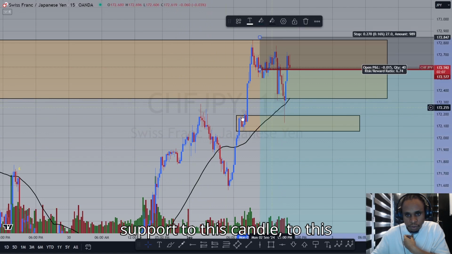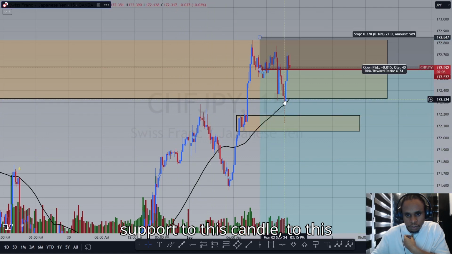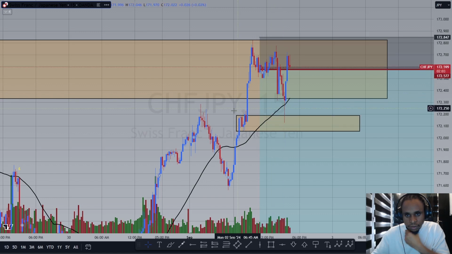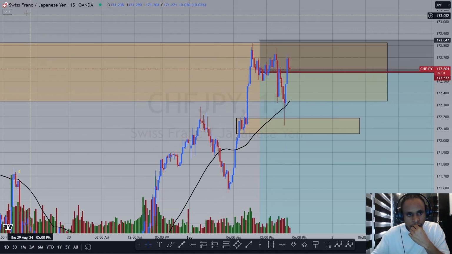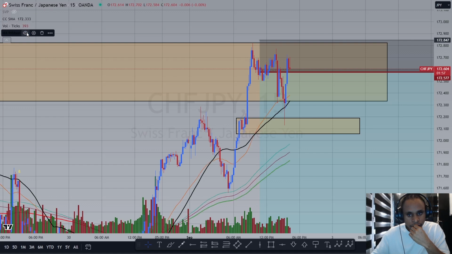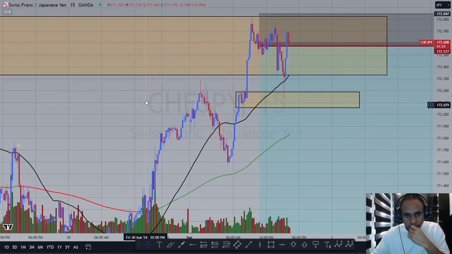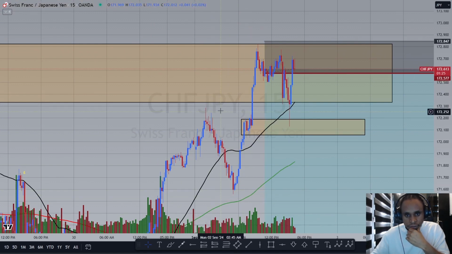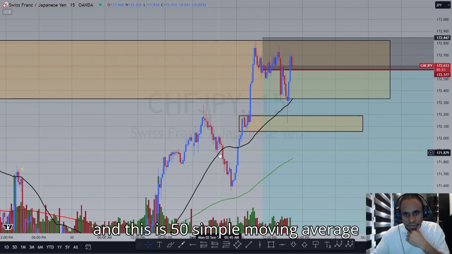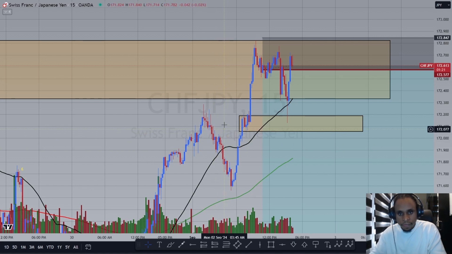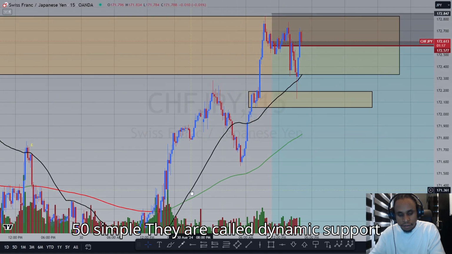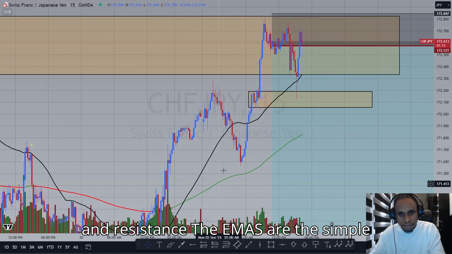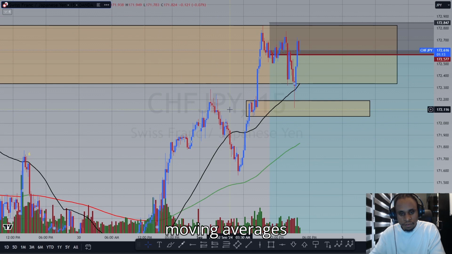It's acting as a support to this red candle. This is the 200 moving average, and this is the 50 simple moving average. They are called dynamic support and resistance, the EMAs and the simple moving averages.